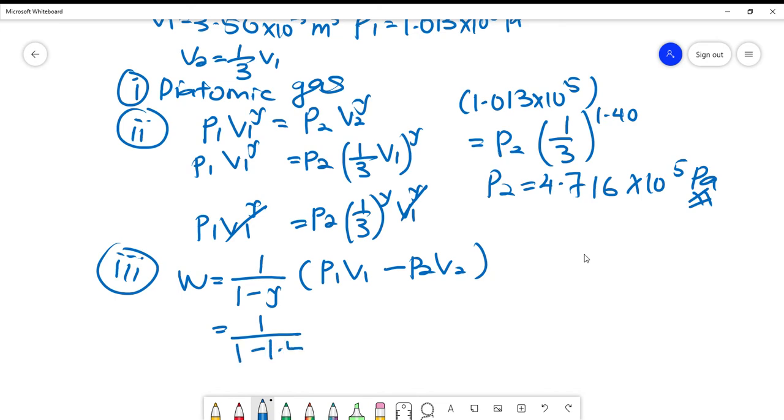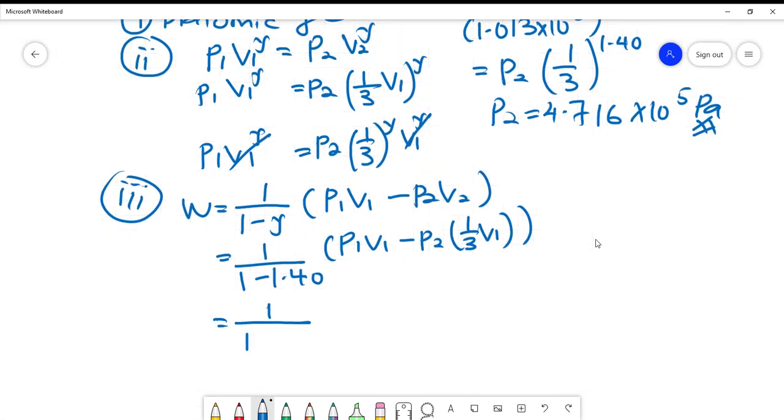This is 1.40. Let me find out this one. P2, so this is 1/3 V1. What I can do is factorize this V1 into here, so this is P1 minus 1/3 P2. Is it correct? Yeah, it is.